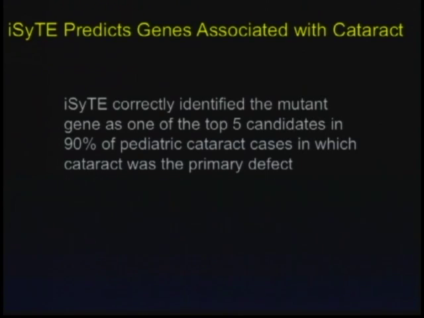And the answer is that if you were willing to sequence the top 5 candidates in a particular interval, which could have anywhere from 50 to 100 genes, iSyTE could find 90% of these candidates within the top 5 genes that it gives as an output.